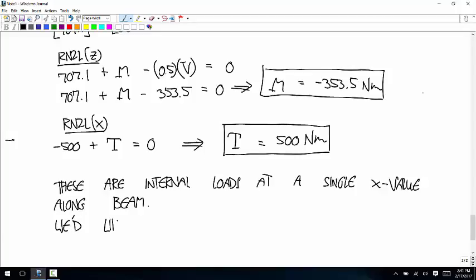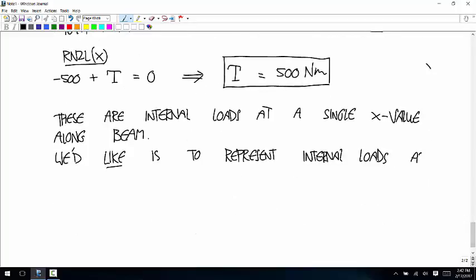So what we'd like is to represent the internal loads as a function of x. That represents every point.